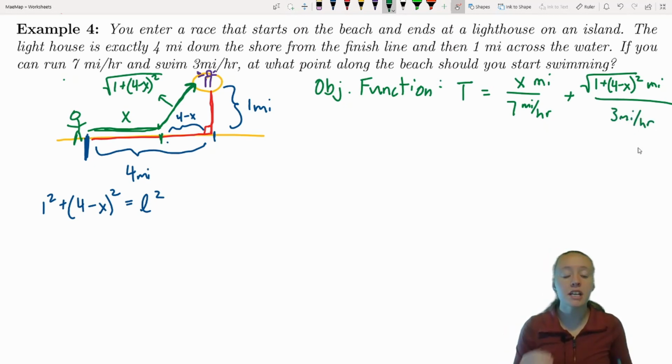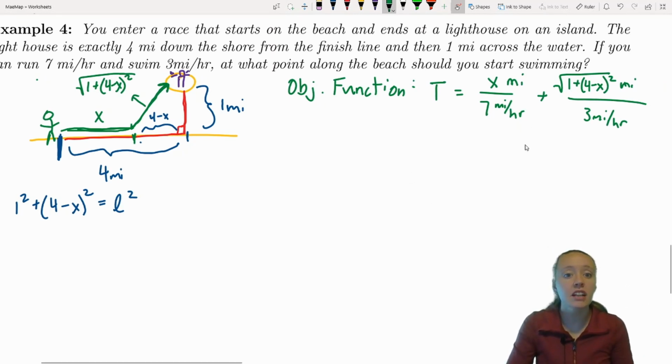So if I minimize my time, I'm going to be able to figure out that point x when I should jump into the water. And if you notice, using these constraints that I formed in my picture, I have my objective function t just in terms of x. So let's go ahead and make this a little neater. I'm going to drop my labels for now because miles will cancel out to leave me with just hours.